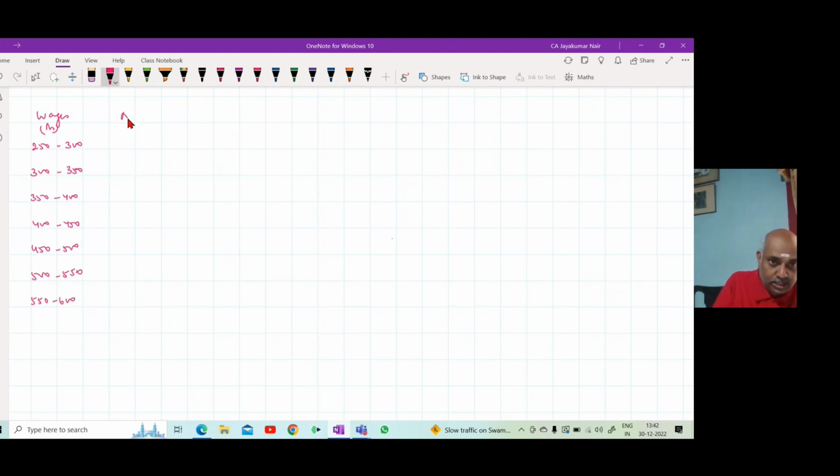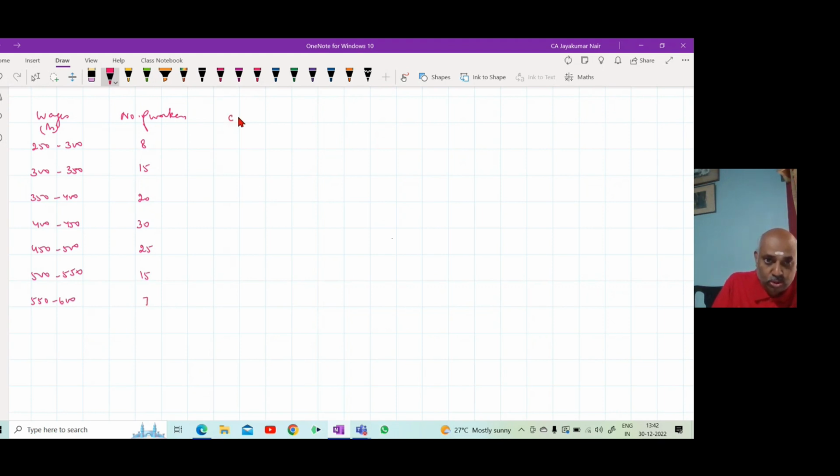We have the number of workers: 8, 15, 20, 30, 25, 15, and 7.